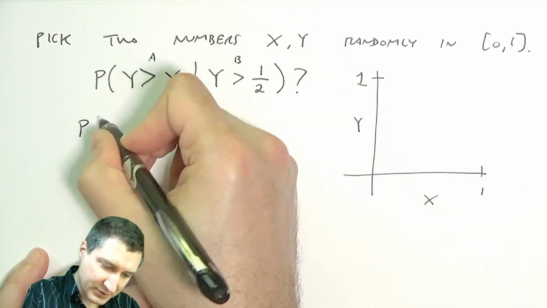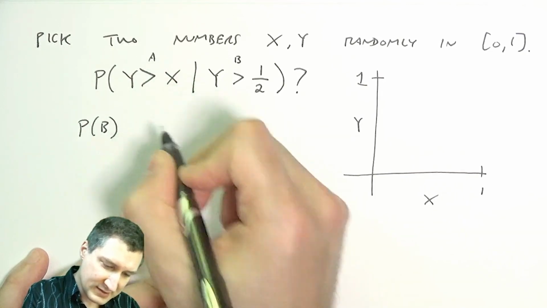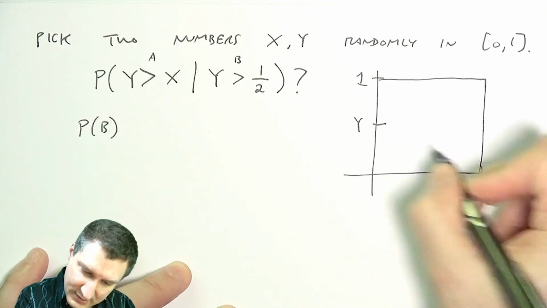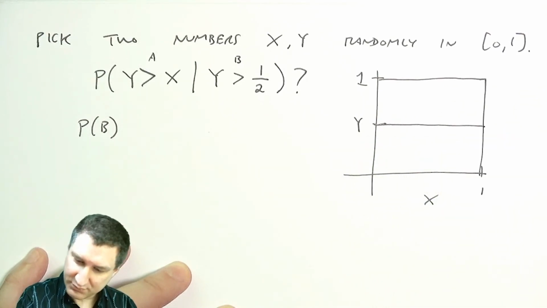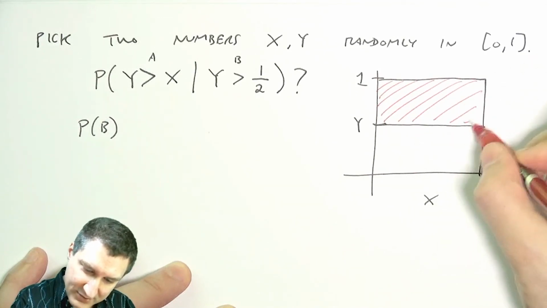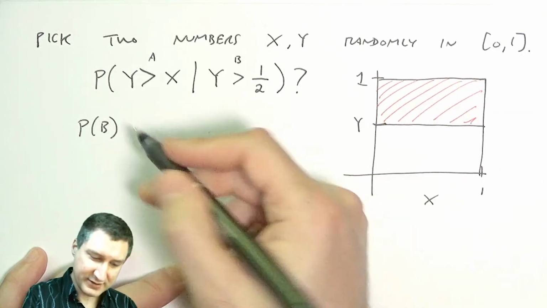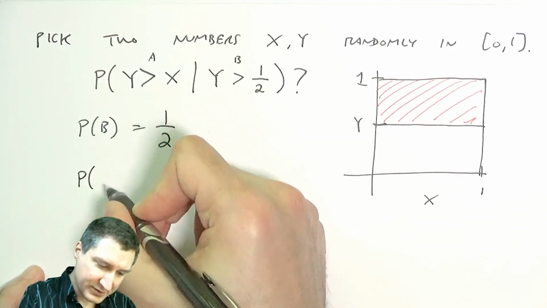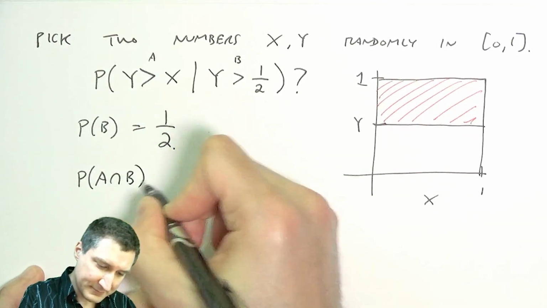So the probability of B is the probability that y is greater than a half. So here's my sample space, and here is the probability of y being greater than a half. I can see immediately that number is half of the total square. What's the probability of A intersect B?